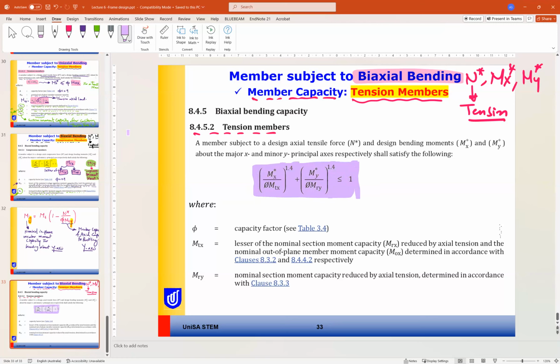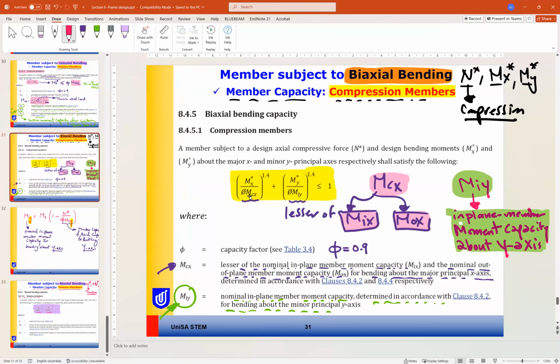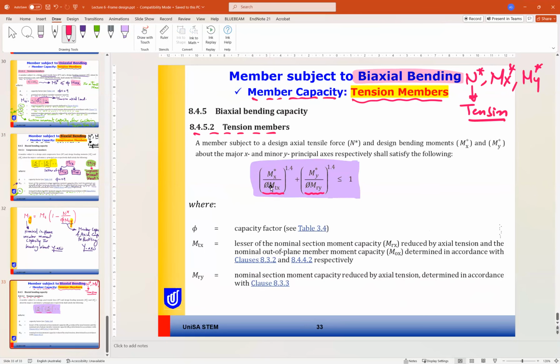So we have MX asterisk over phi MTX, and here it is phi MRY. The previous one was phi MCX, here phi MTX, C for compression and T for tension.